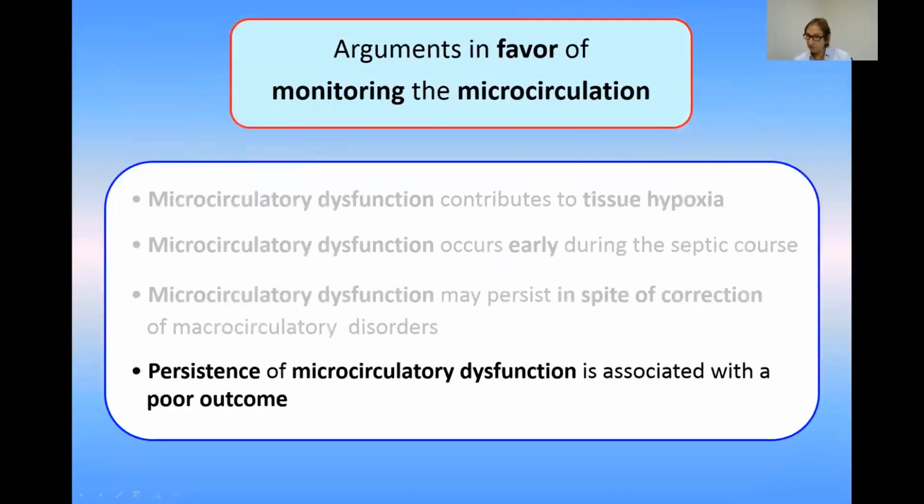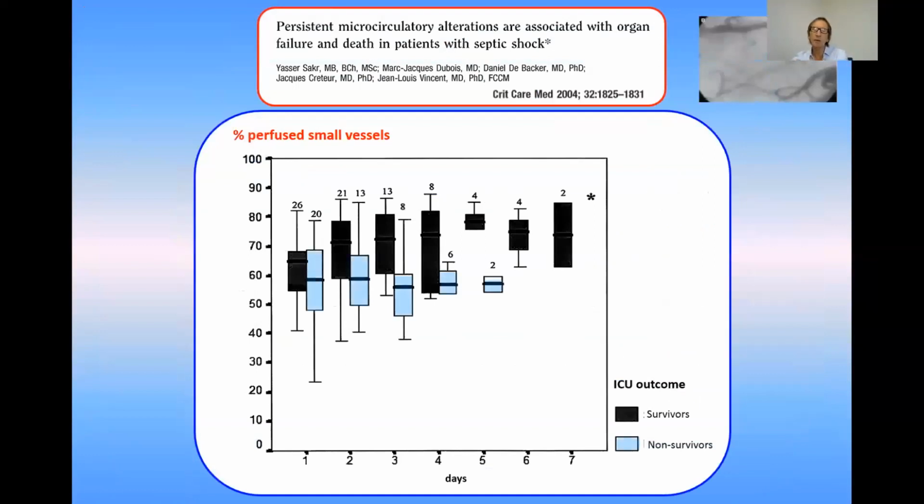And also the persistence of microcirculatory dysfunction is associated with a poor outcome, and this is well illustrated again by a study by the same group, the group of Daniel De Backer and Jean-Louis Vincent, also authored by Yasser Sakr. In this study, they looked at the sublingual microcirculation using the same technology, but not only on 1 day, but over 7 days.